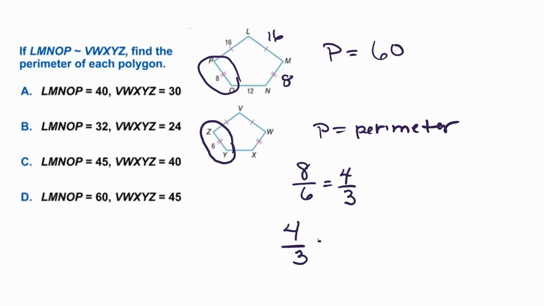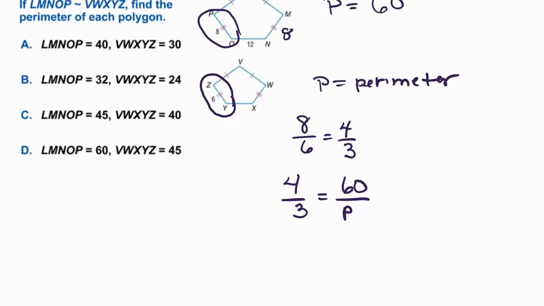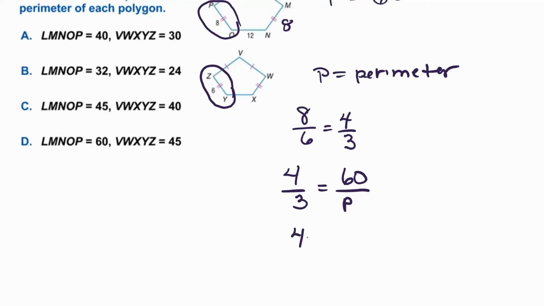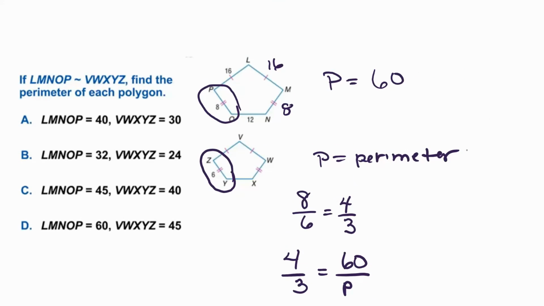So 4 over 3 equals 60, which is the perimeter for the larger one, over P, which is the unknown perimeter. So we have that P equals 45. So the perimeter of the smaller one is 45.